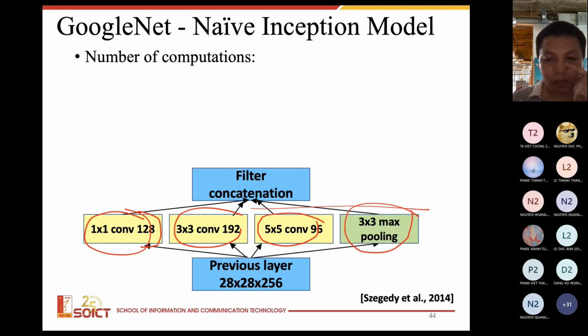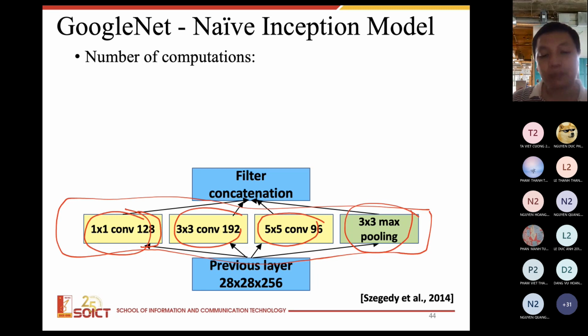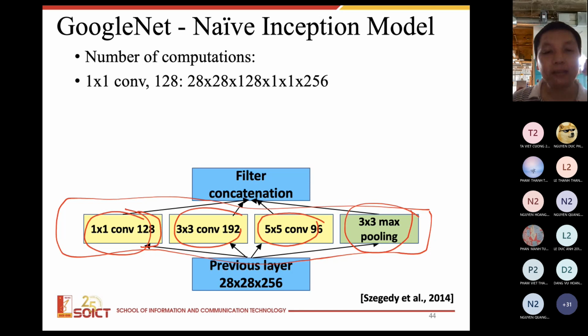For example, this inception module works with the input from the previous layer with size 28 by 28 by 256 channels. The outputs of the convolution layers will be concatenated.